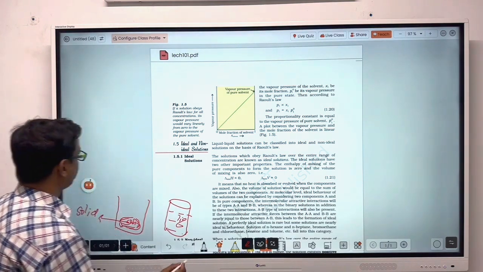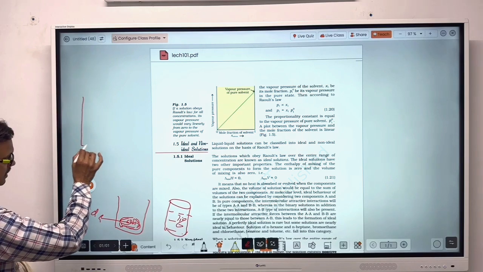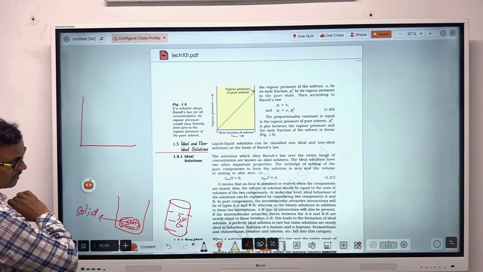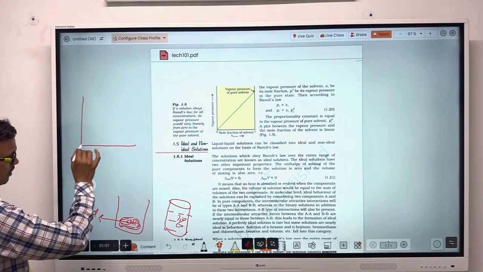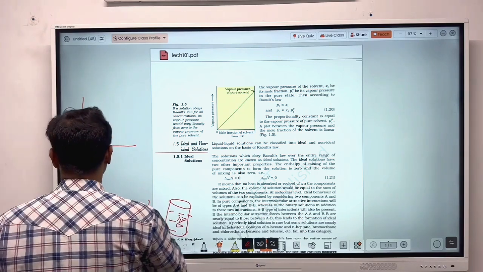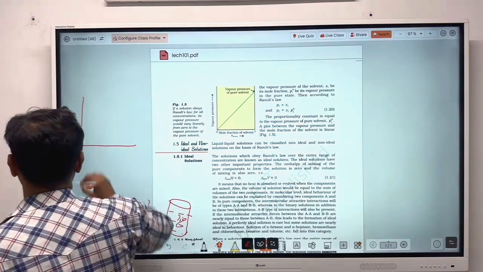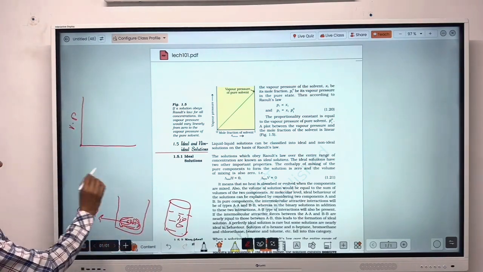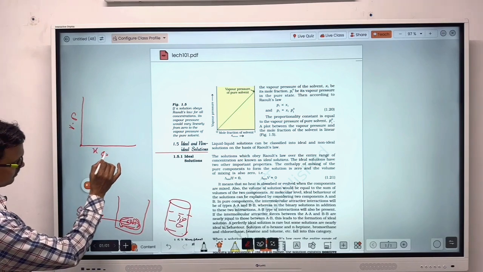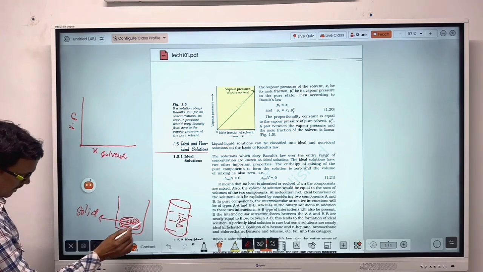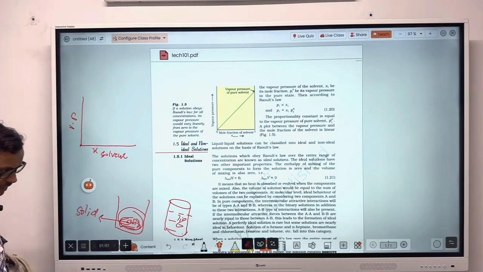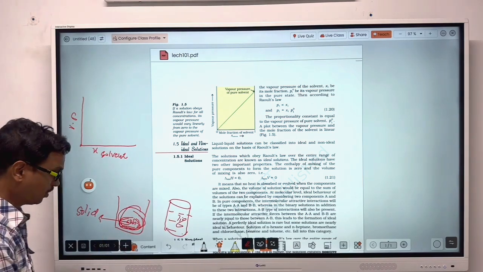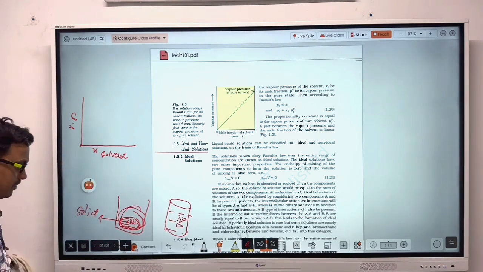Now when you plot the graph, initially there is no liquid, so vapor pressure will be 0. This is vapor pressure and this is the mole fraction of solvent. So in this container, when there is only solid, the mole fraction of liquid is 0, so vapor pressure will be 0.